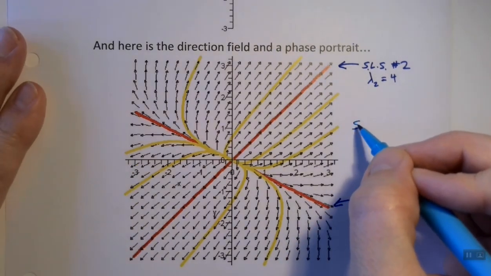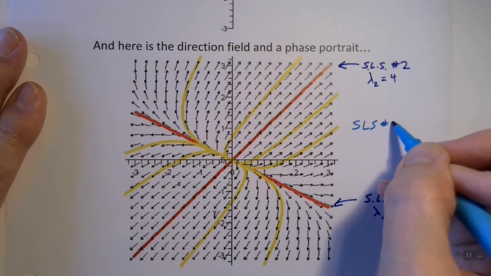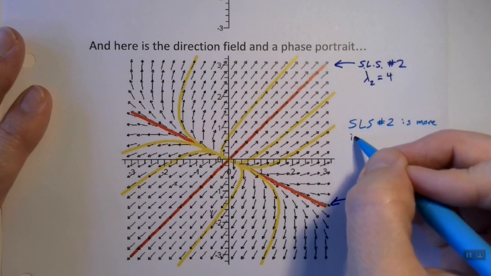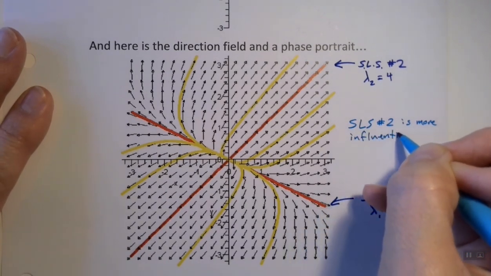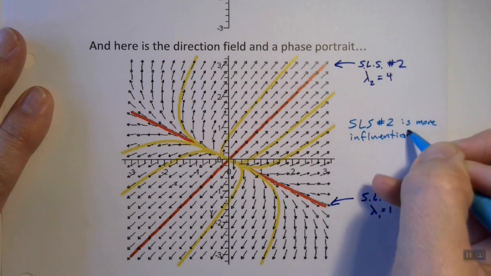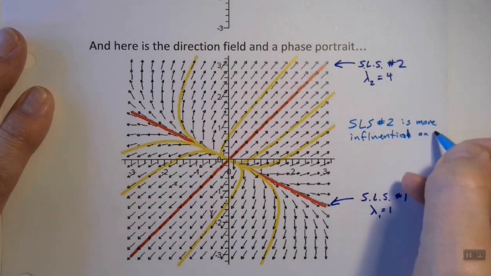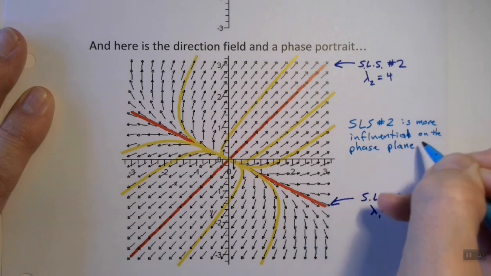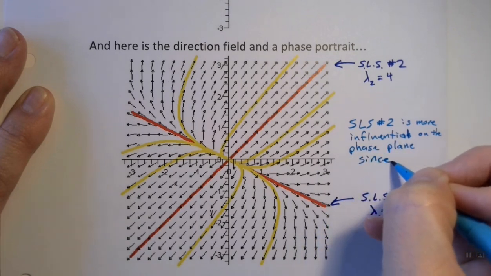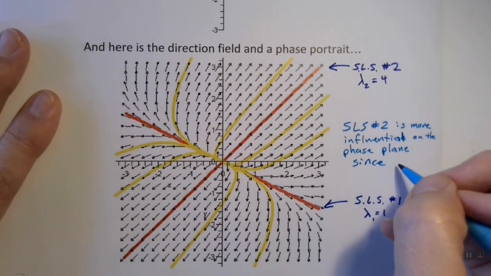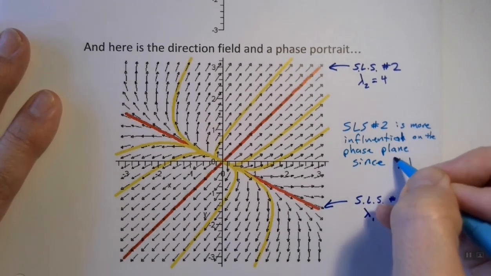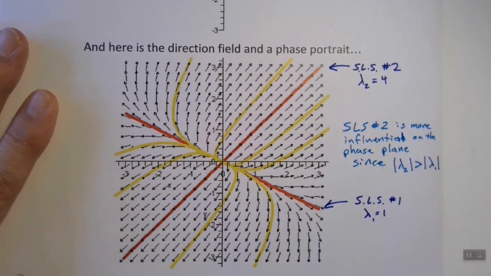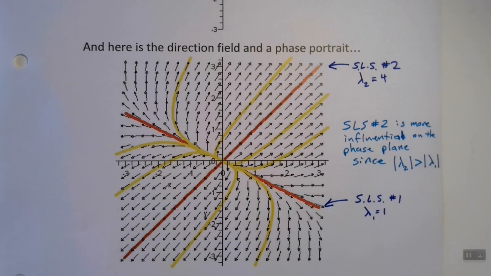Straight line solution number 2 is more influential on the phase plane, since, and again we're going to write it like we did last time, the magnitude of lambda 2 is greater than the magnitude of lambda 1. So that must be the case.